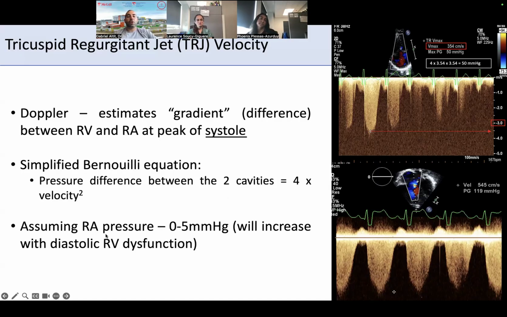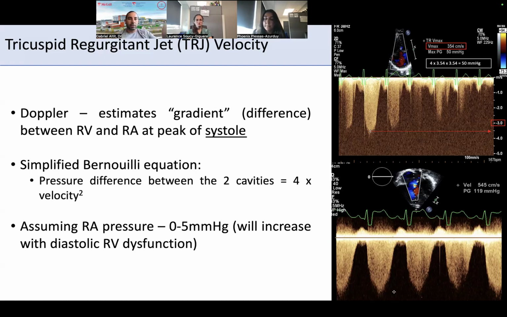And then assuming that your RA pressure is between 0 to 5, you add this to your 0 to 5. So in this context, your peak systolic RV pressure is going to be 55 millimeters of mercury, which you can assume is going to be the same as your systolic pulmonary arterial pressure, unless you have a pulmonary stenosis or RVOT obstruction.